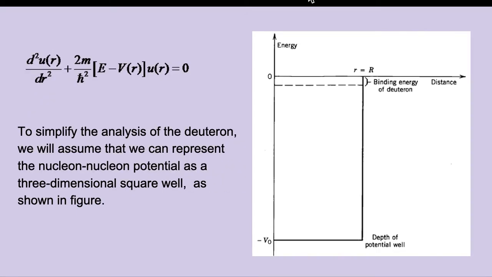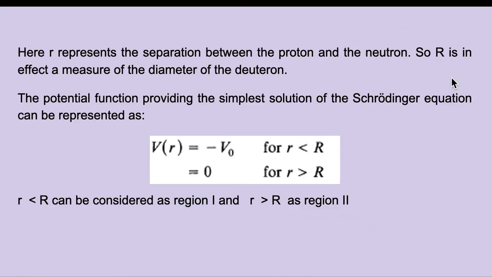So we are assuming that capital R is the diameter of the deuteron, and up to that you have the nuclear force, so inside that the potential is a constant minus V0, and after that value you are taking it as 0.